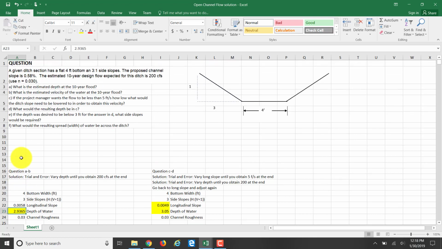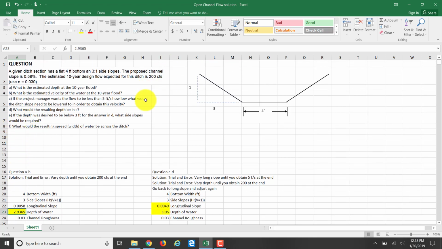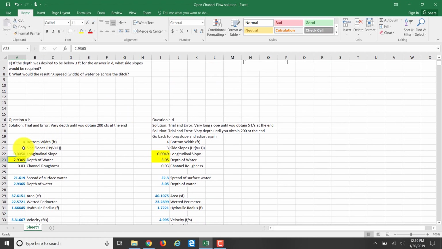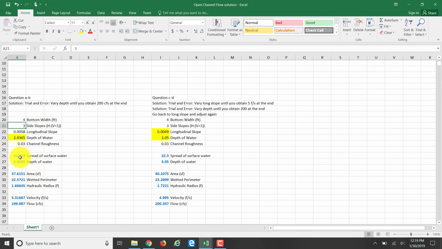Every time I go a foot in depth, I come over 3 feet, so it's a ratio of 3 feet.